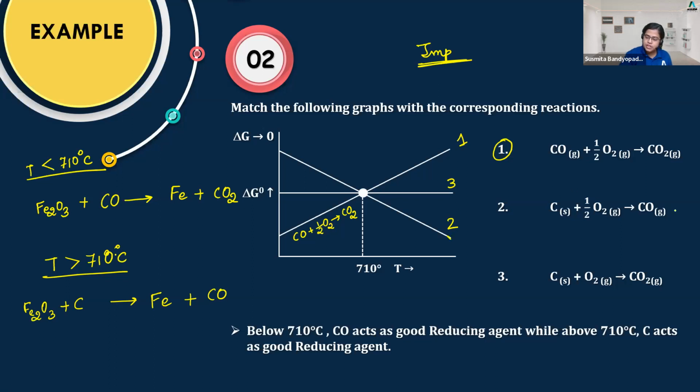The formation of CO is having its delta G. And how do they calculate? They take delta H, delta S at a particular temperature, and then they do this. So if you keep delta H and delta S constant and change T, delta G value will constantly change.